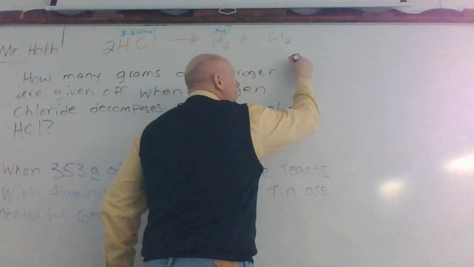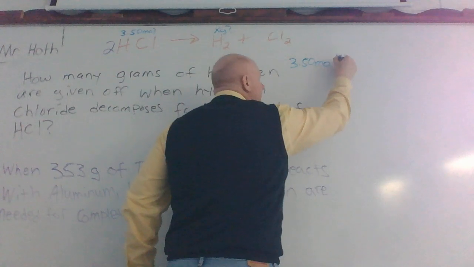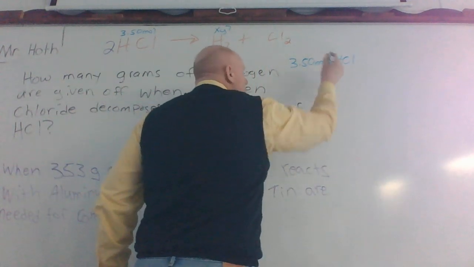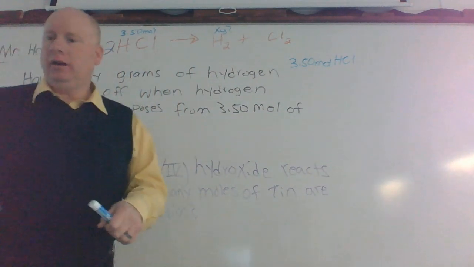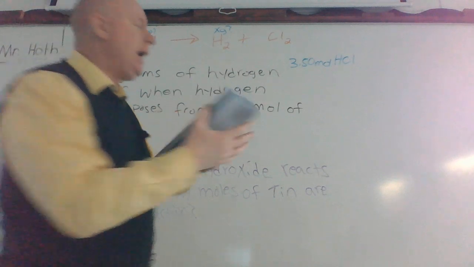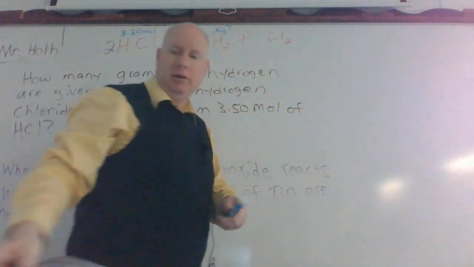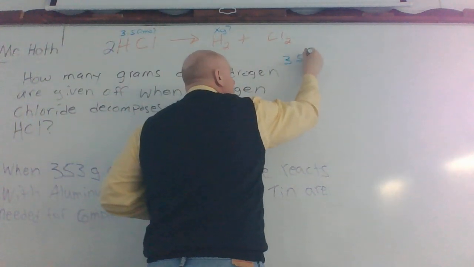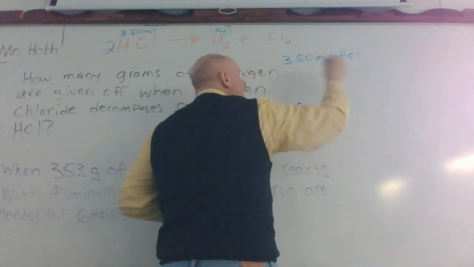So if we have 3.50 moles of HCl, from last semester, we said a mole ratio allows you to change what you have into what it is you're looking for. 3.50 mole of HCl.